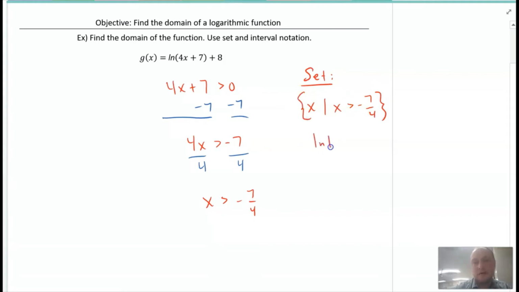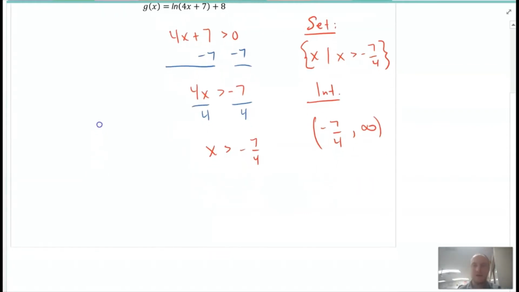And then for interval notation, that would be -7/4 to infinity. And again, they're both parentheses, because I'm not equaling that value. That would produce an argument of 0. We don't want that.